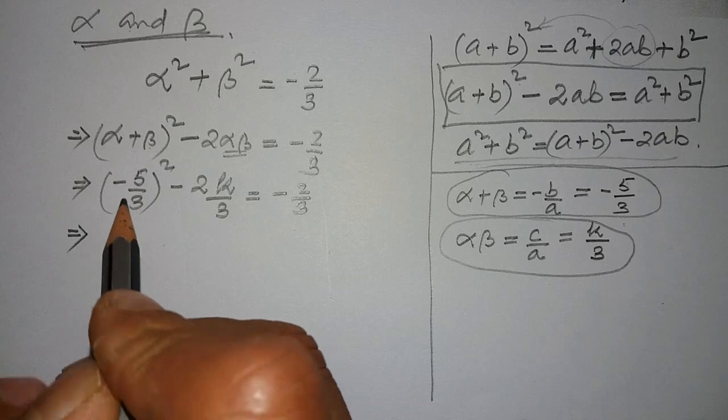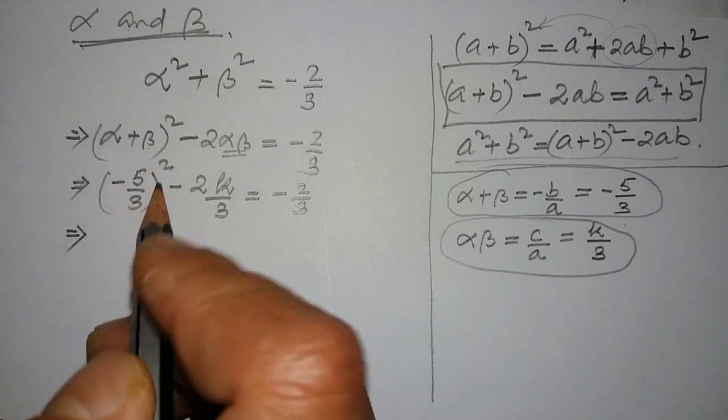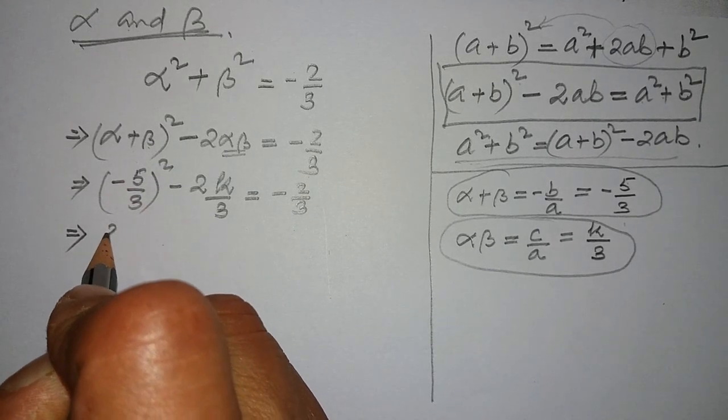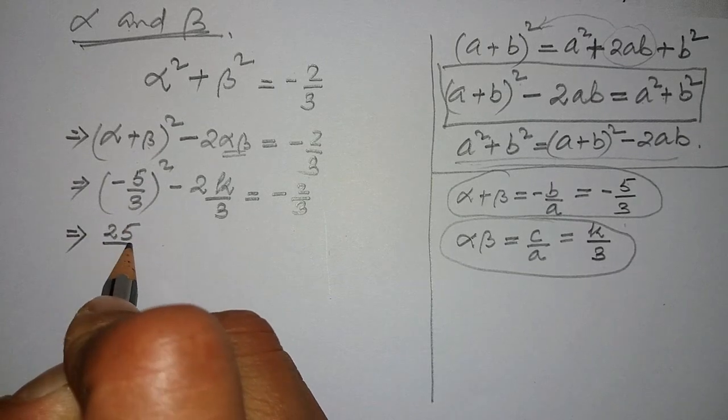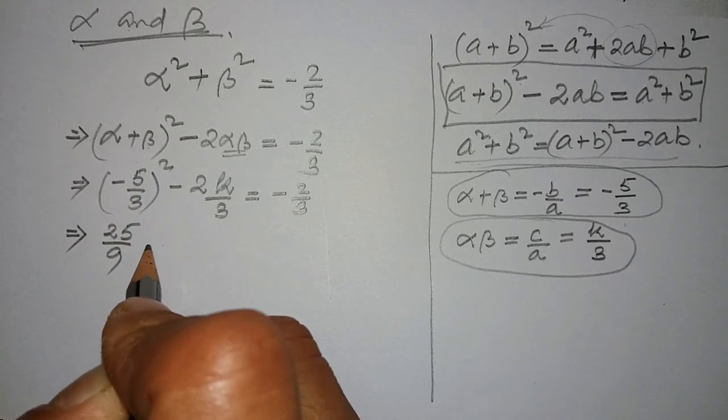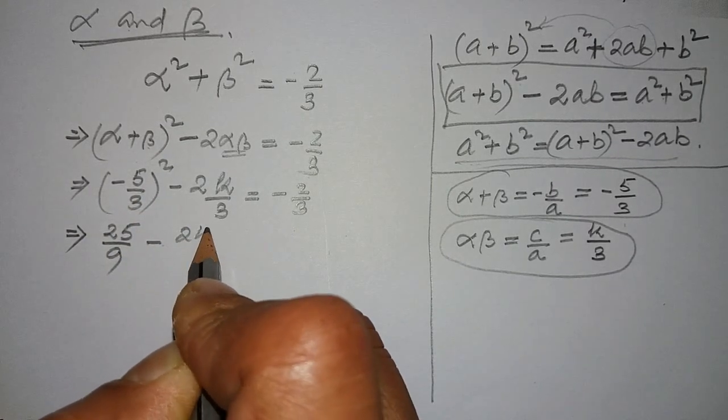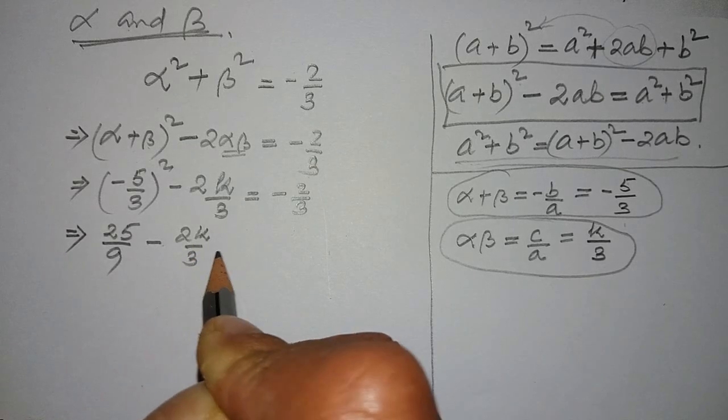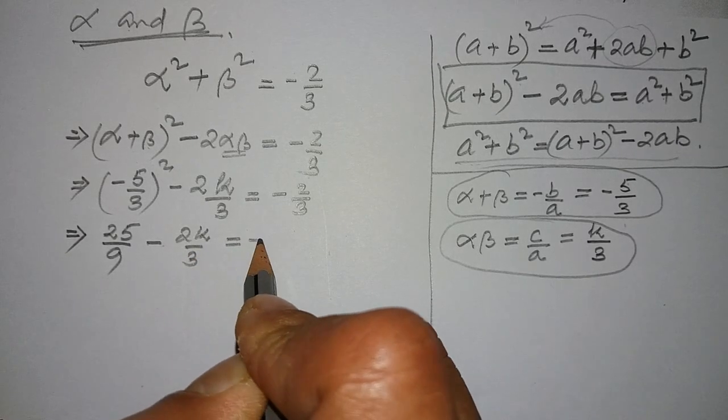Now what we got here is minus 5 whole square is plus 25 and 3 square is 9, minus 2k by 3 is equal to minus 2 by 3.